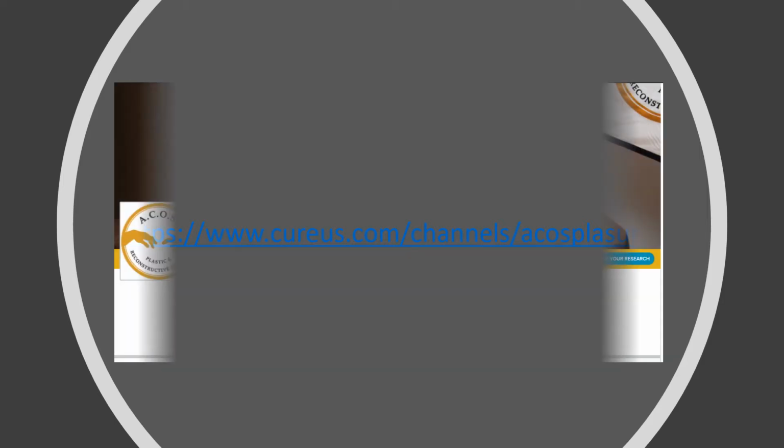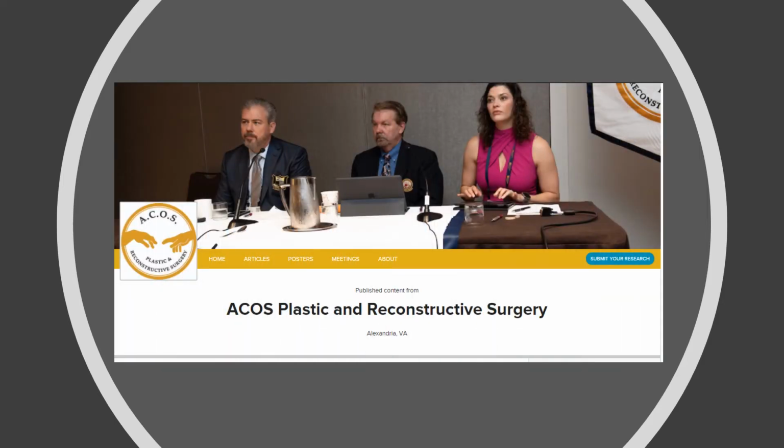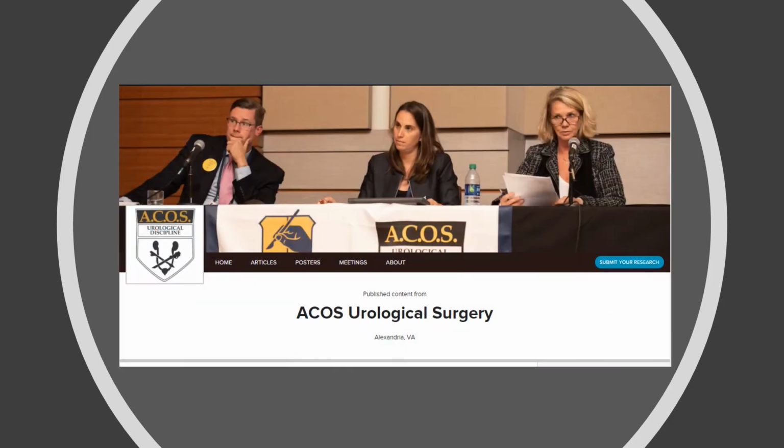For plastic surgery, again the same prefix with ACOS Plast Surge at the end to submit articles to the ACOS Plastic and Reconstructive Surgery channel on Cureus. And then finally for urological surgery, again you'll use that same prefix, but you'll have ACOS UR Surge to land on the urological surgery page on Cureus.